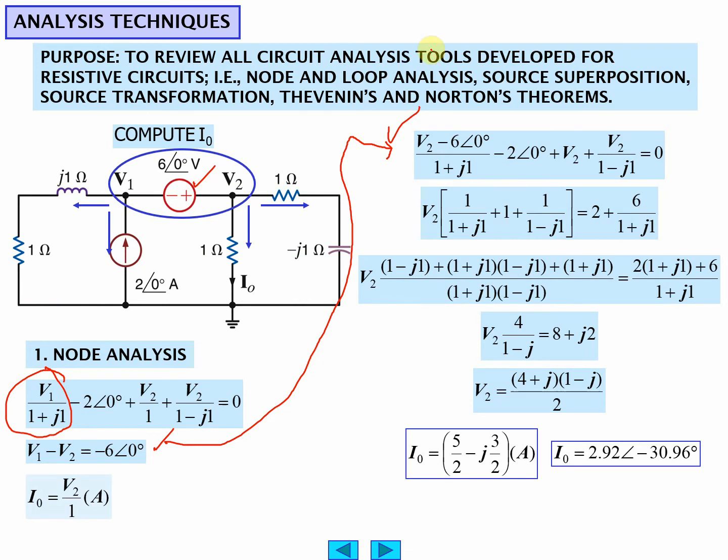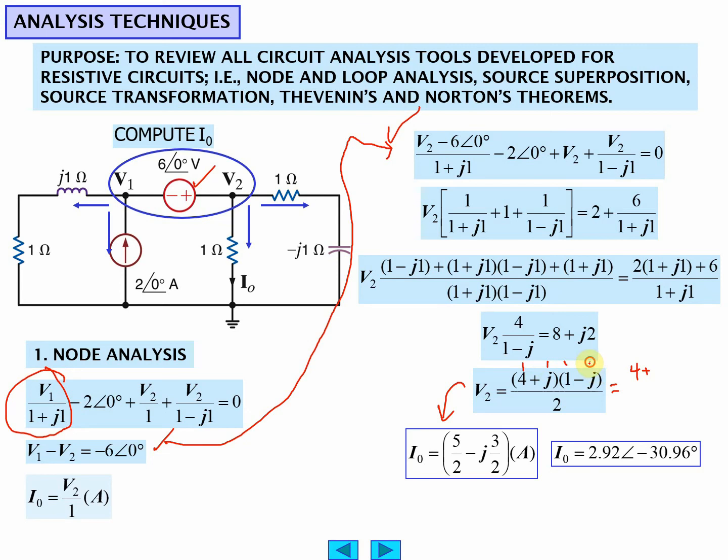They kind of skip from here to here without looking at it closely, so I'm just going to look at it a little closely. 4 times 1 is 4. Plus, so j times negative j. First, you know, the FOIL method. First, inner, outer, last.